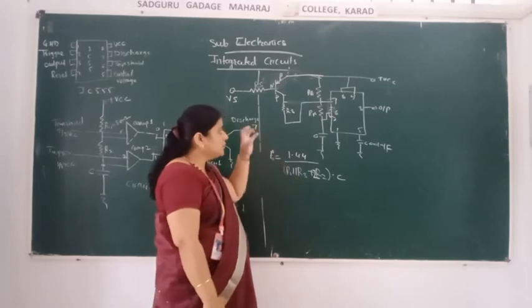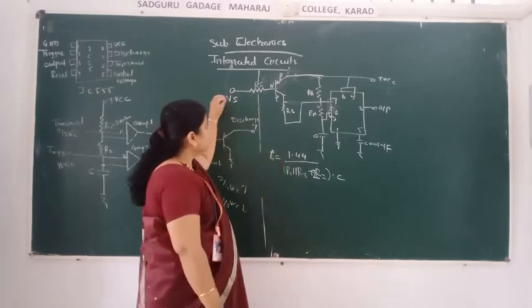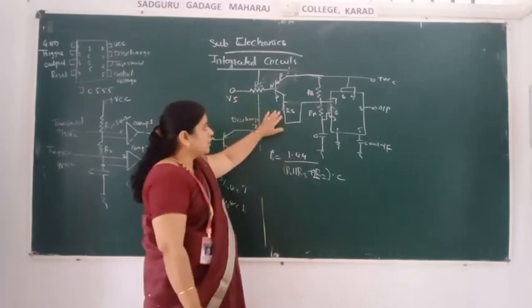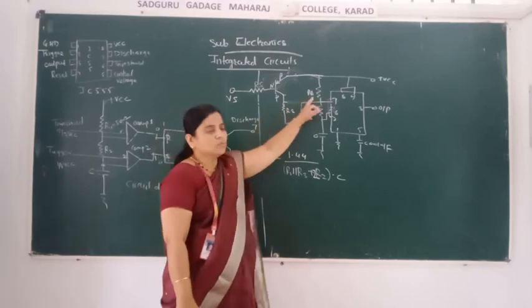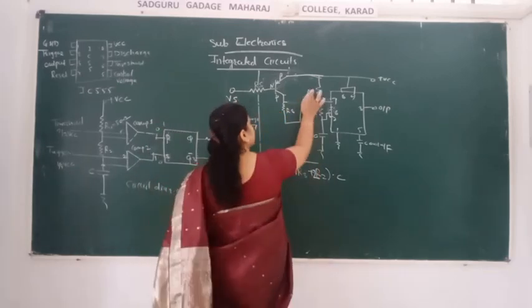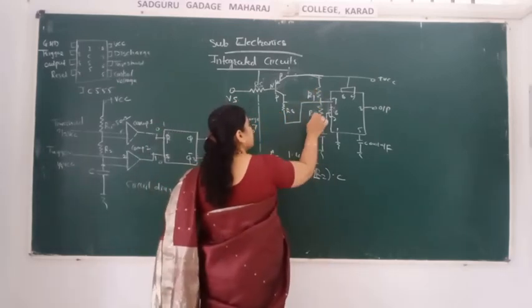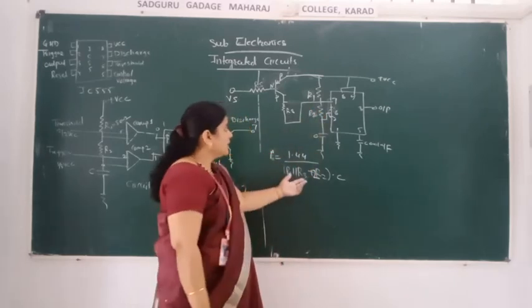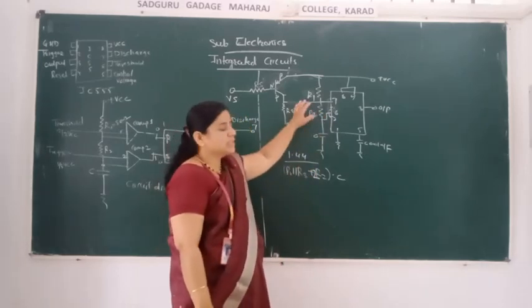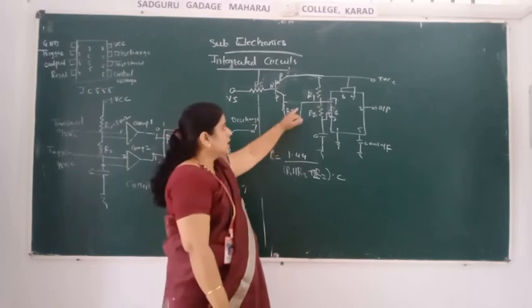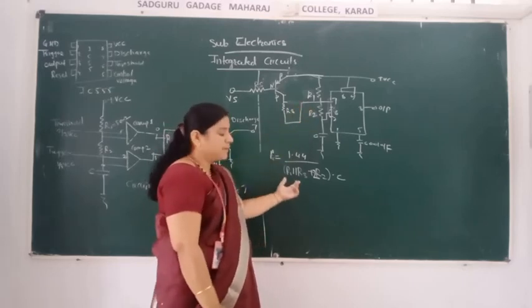In the first state, if no voltage is given, then R3 is parallel to R1. Because in the first stage it is parallel to R1 and R3, we have taken this value.